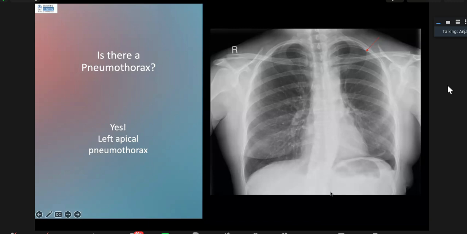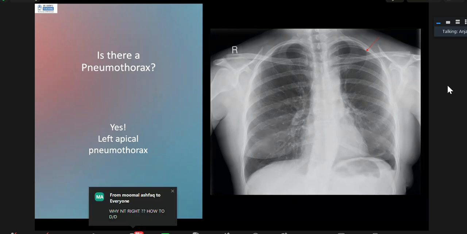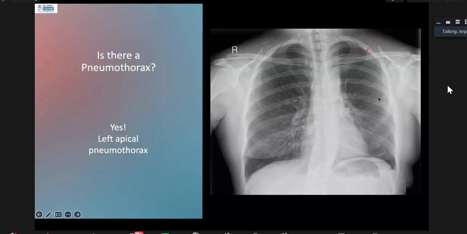Just to add on to this X-ray, with these kinds of pneumothoraces, the last two, it's very likely that we may miss them if we don't look for them. So it's important to look for small pneumothoraces. It may not be obvious, but if we look carefully, there is a line separate from the rib outlines, like a thin white line, without any lung markings beyond. So that is an apical pneumothorax.